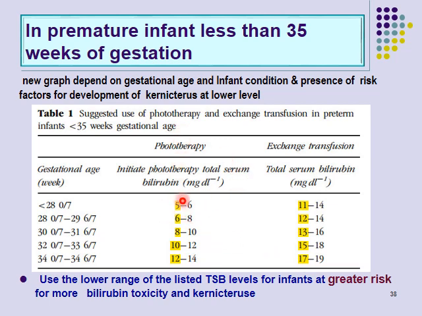With this phototherapy level, this yellow figure indicates the patient with risk factor, here the patient with no risk factor. Here also the exchange level, this figure with patient without risk factor, and patient with risk factor. Thank you very much.